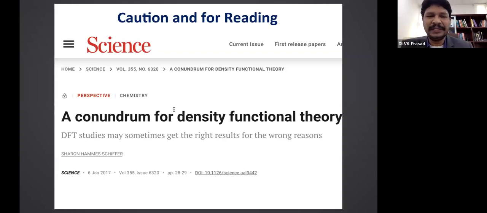I would just pass on this work here, the conundrum for density functional theory, where some of the charge densities were wrongly estimated. When you are calculating in the practical sessions, be careful in picking up the right choices and the right electronic grids to calculate the accurate energetics and reaction dynamics.